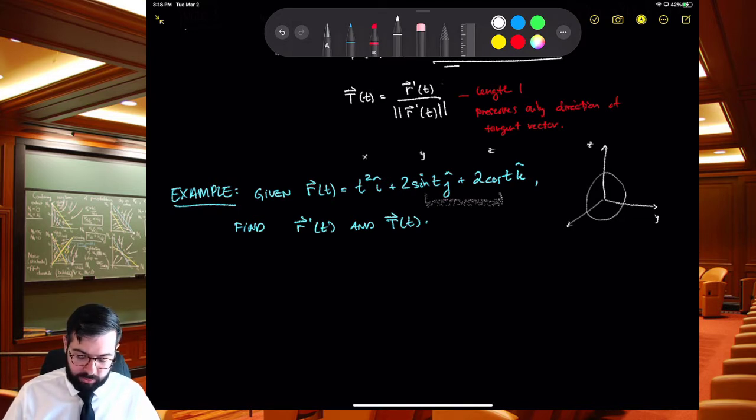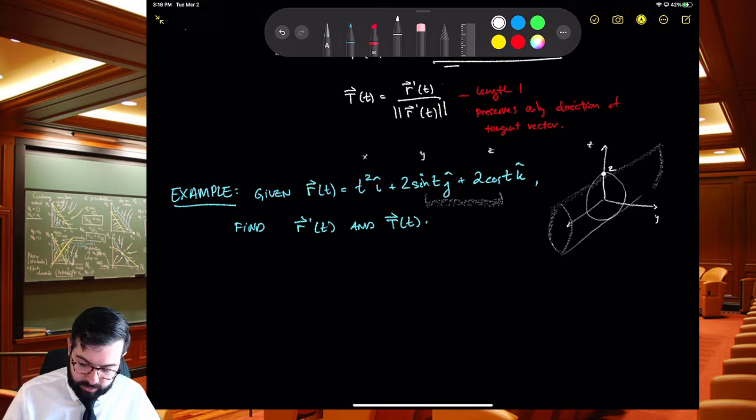So as time goes on, starting at t equals 0, it's out here on the z-axis up at 2, and it's living on this cylinder of radius 2. It's going to trace out alongside. This is a terrible picture, but it's going to do something like this.